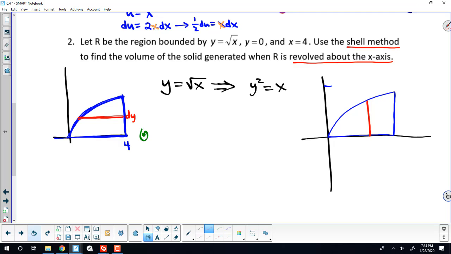Make sure you draw it right. So we're taking this thing and we're revolving it around the x-axis. So I'm just going to focus on our rectangle here. This is going to be revolved here.